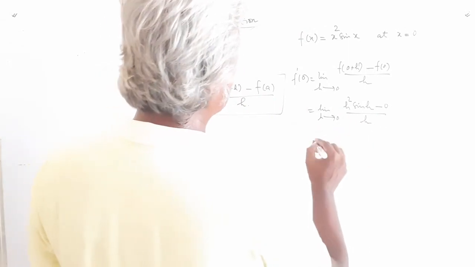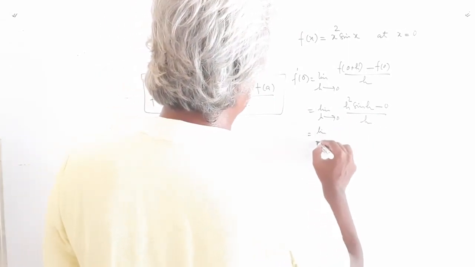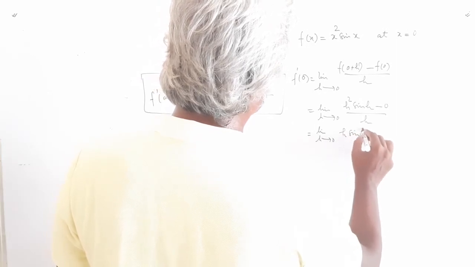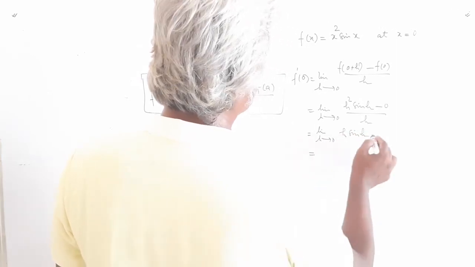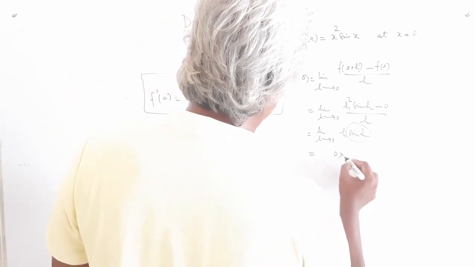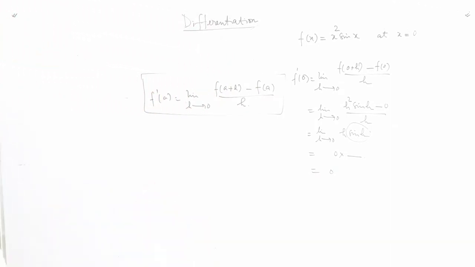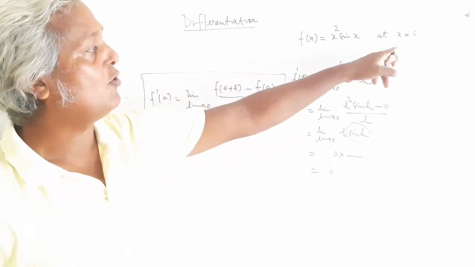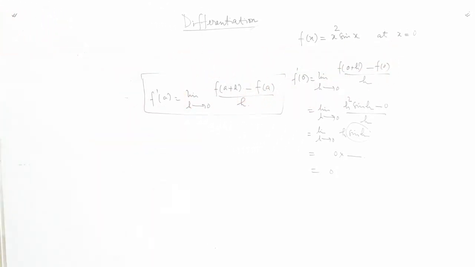Now one h cancels, so the limit as h tends to 0 is just h sine h. Sine h may give you a different value, but 0 into anything is 0, so this answer is actually 0. This is how you can find the differentiation of the given function at a given point using the first principle or ab initio method.